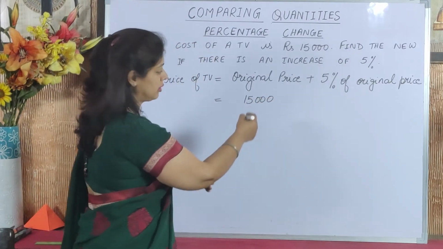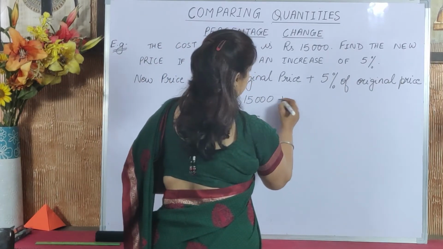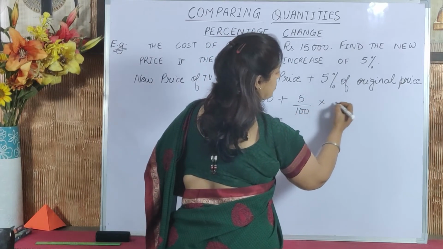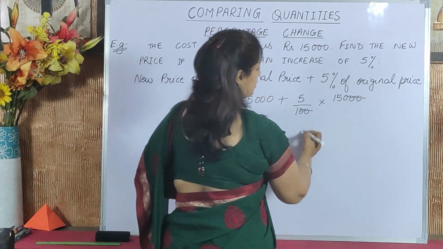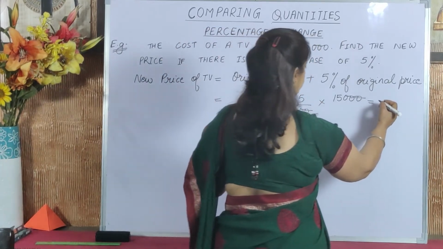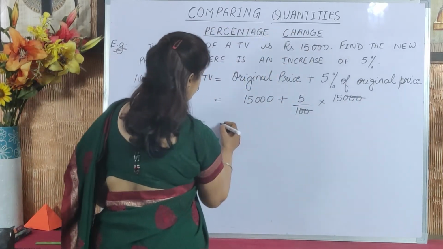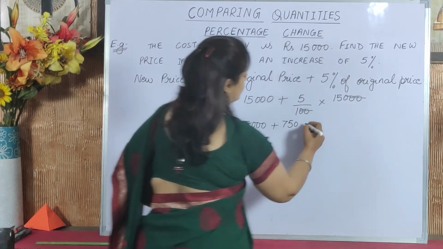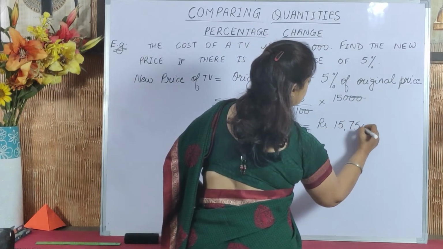Either we can add this 15,000 later and just calculate the increase first and then add it to the original price. 5% means 5 upon 100 of 15,000, multiplication. So zeros get cancelled. 150 multiplied by 5. 15 5s are 75. That is 750. So the increase is 750 rupees. 15,000 plus 750 gives rupees 15,750.